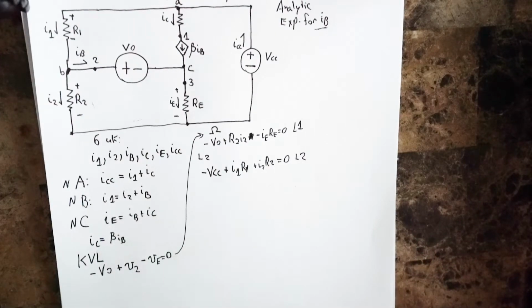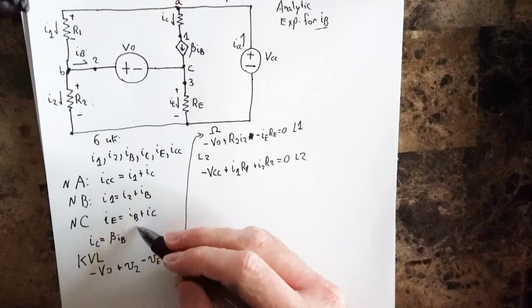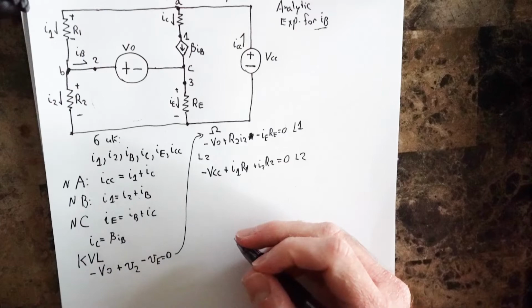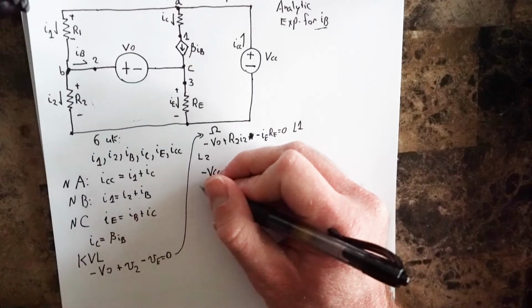All right, so at this point, I'm afraid we'll have to use math. Okay, so let's just start cranking away and solving for individual current values. Hopefully we can then get down to one of these two node equations and solve for IB. So let's start with the outside loop and solve for I1.